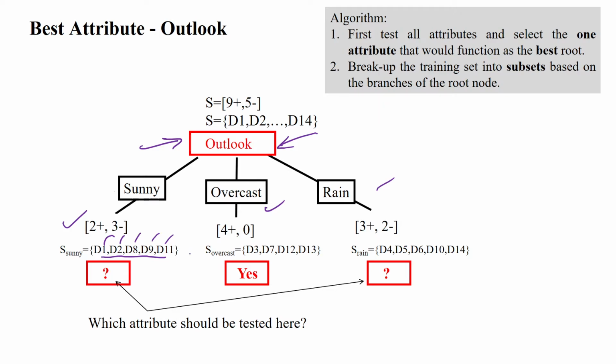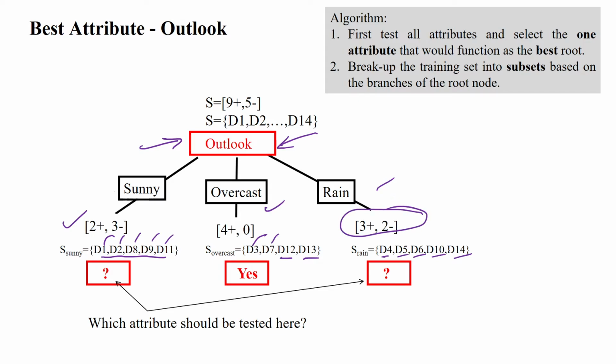These are the samples belonging to outlook equal to sunny. Data points 3, 7, 12, 13, four samples, belong to outlook equal to overcast. Then data points 4, 5, 6, 10, 14 belong to outlook equal to rainy.